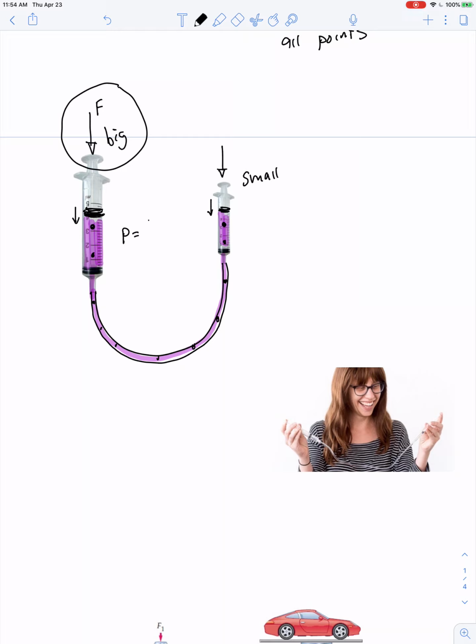Pressure is equal to force divided by area. Or another way to think of this is force is equal to pressure multiplied by area. And the larger syringe has a larger area, so it would require a greater amount of force to be able to keep it from rising than the small one. So actually the person who pushes on the small syringe is the winner.